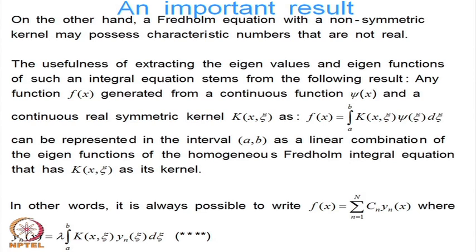It may not have any relation at all with the eigenfunctions. So, if I take any arbitrary function psi of x and operate on it with the kernel K(x, psi) — when I say operate, I mean take the product with K and psi and integrate over the limits a to b — I generate a function.